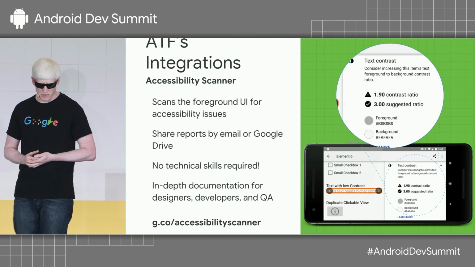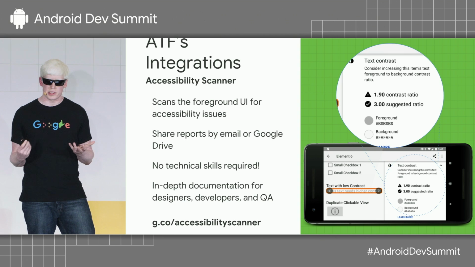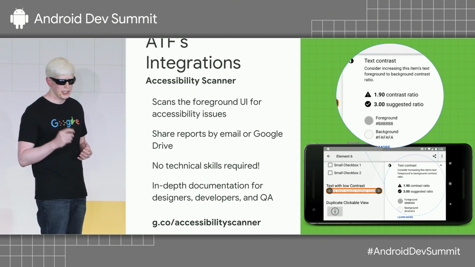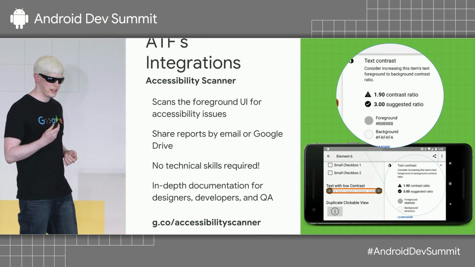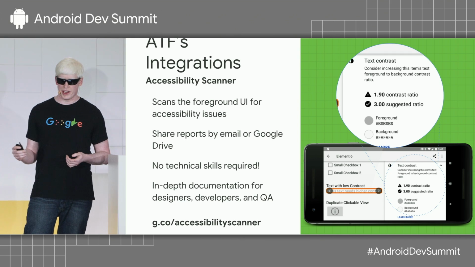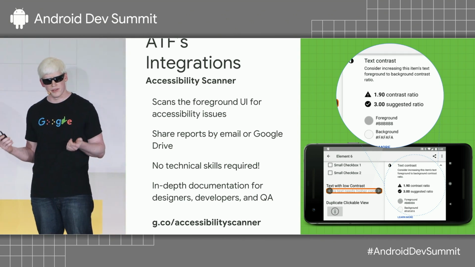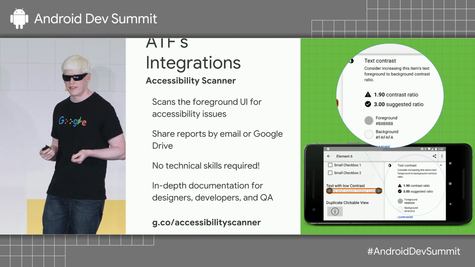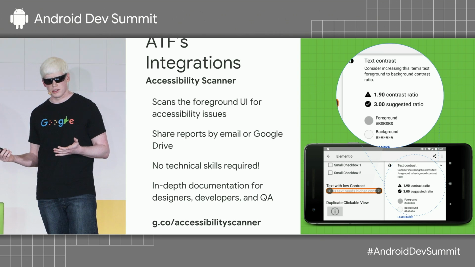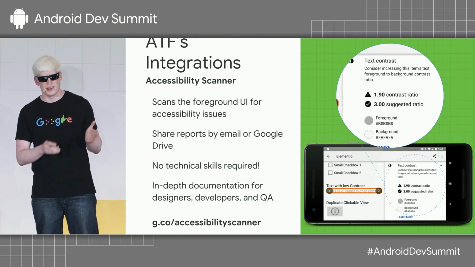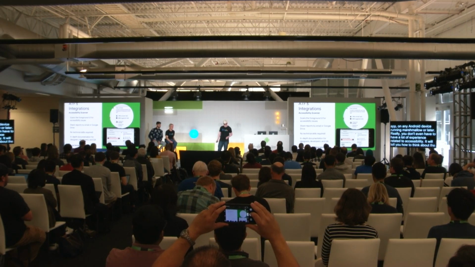And really, you don't even have to have a lot of experience related to accessibility. Each issue that Accessibility Scanner can identify comes with extensive documentation that gives you background on how that issue might affect users and how to think about that issue during the design, development, and test phases of your project.